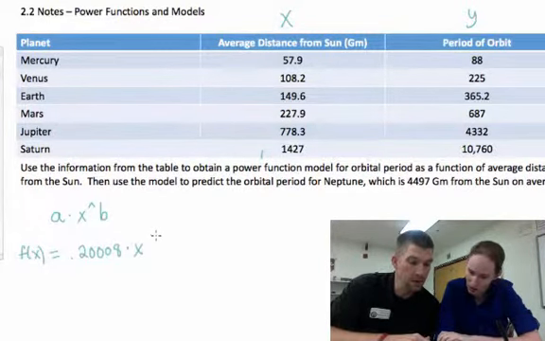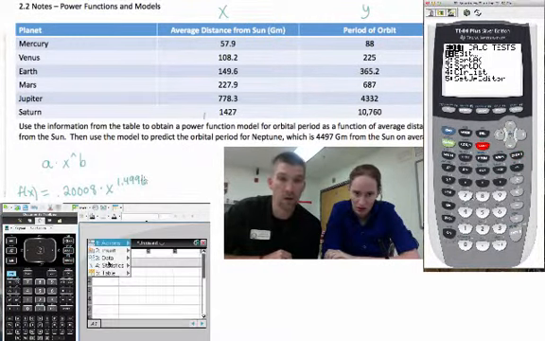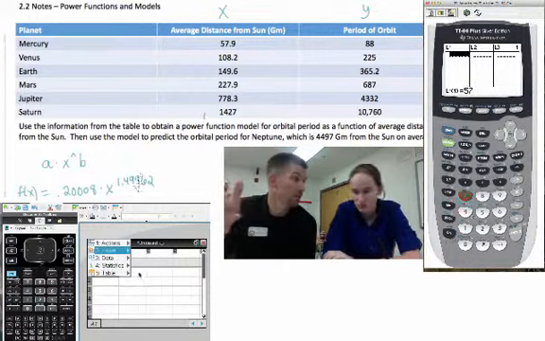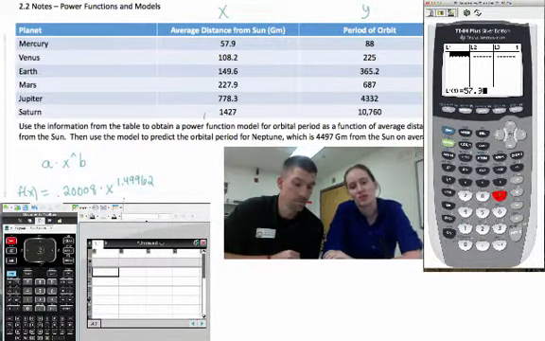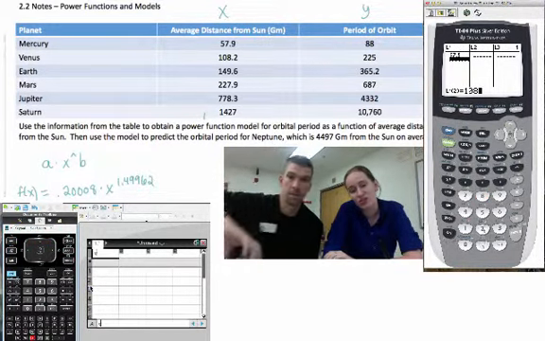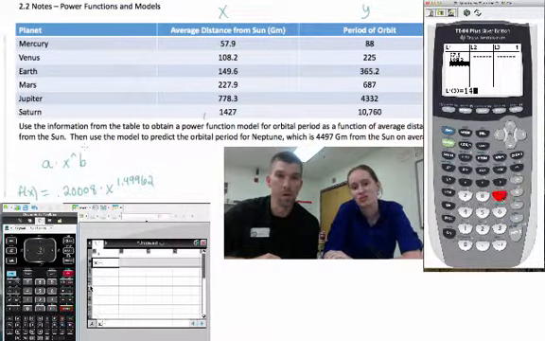You'll notice it gives you an R squared value and an R value. All those tell you is exactly how close you are to a perfect fit. R squared is the one that would be more accurate. That R squared value is almost 1, super close to 1, which means this is a really strong representation of this data.